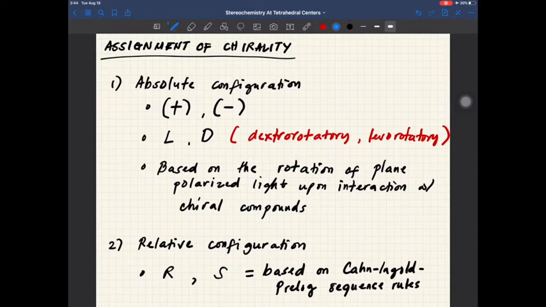Absolute configuration is based on the rotation of plane polarized light upon its interaction with chiral compounds. On the other hand, relative configuration refers to the R and S assignment of chiral compounds. And relative configuration is only based on the Cahn-Ingold-Prelog sequence rules, which take into account the priority of substituents that are bonded to your chiral carbon.